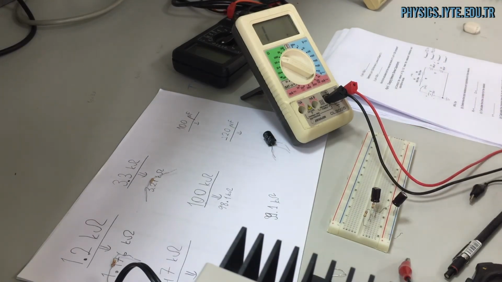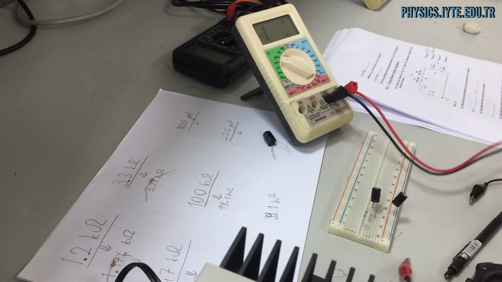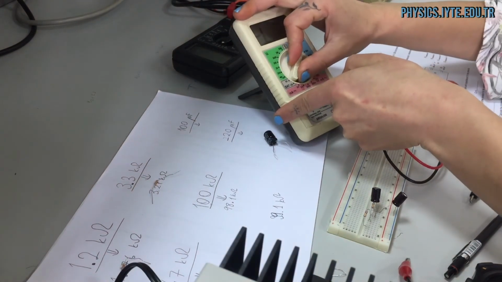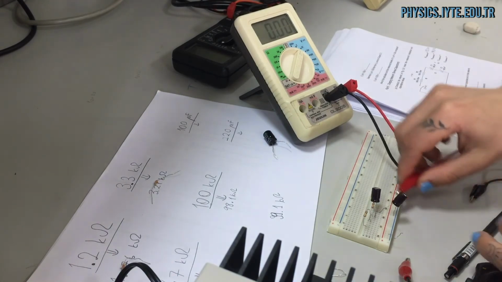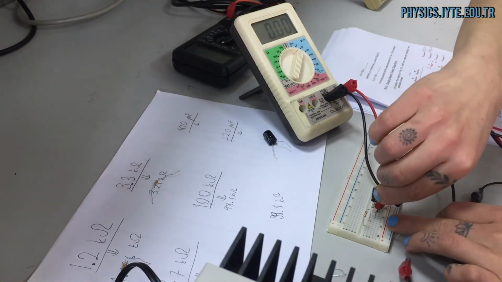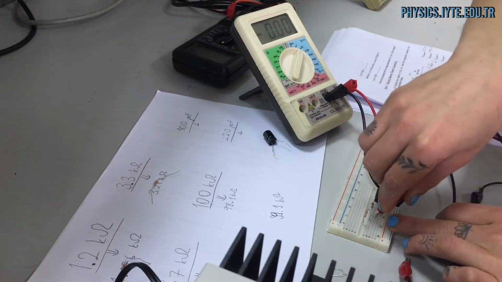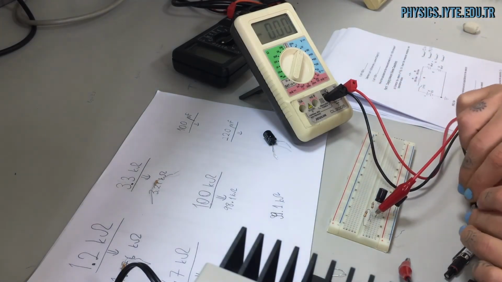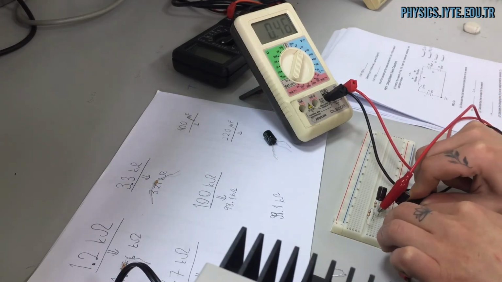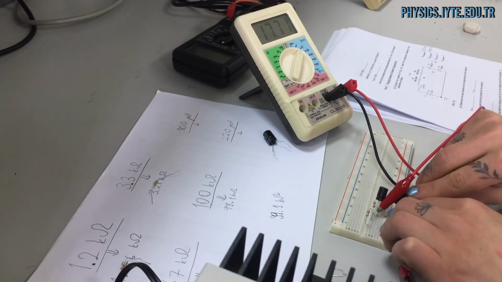This time I will measure the voltage across both capacitors. I will use the first end of the first capacitor and the last, minus end of the second capacitor.